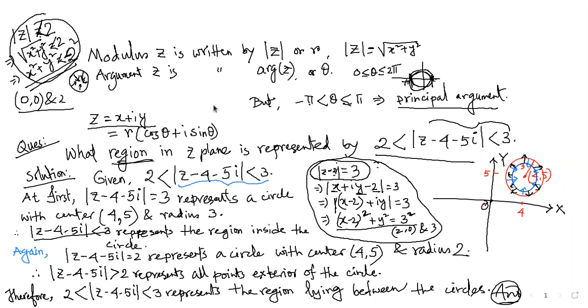Okay, I understand. Yes, but sir, it's not a fact. We take equal to for our simplicity, not for the answer. Ultimately we comment on less than and greater than.